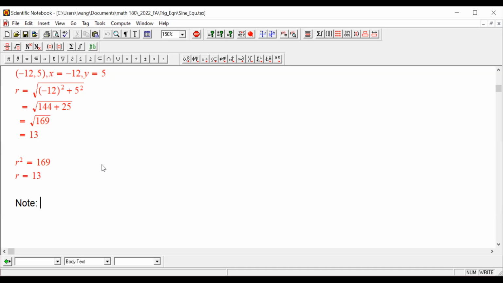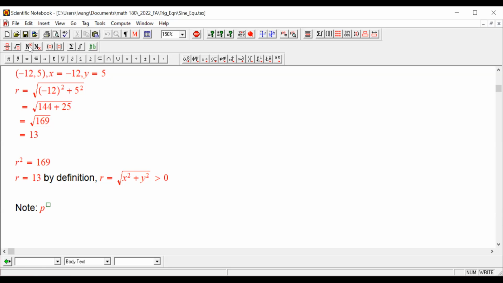Okay, because by definition, let me put the reason here. By definition, r equals the root of x squared plus y squared, and this is ensured to be positive, so you don't get in trouble. However, you could get in trouble if you do something similar. For example, say p squared.